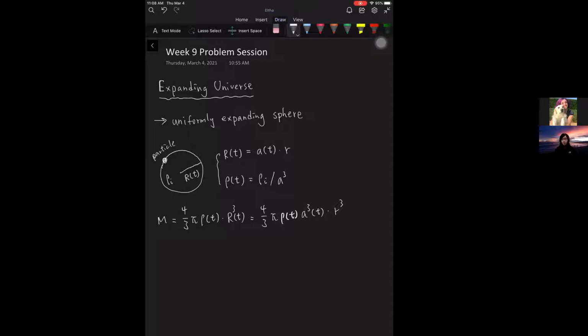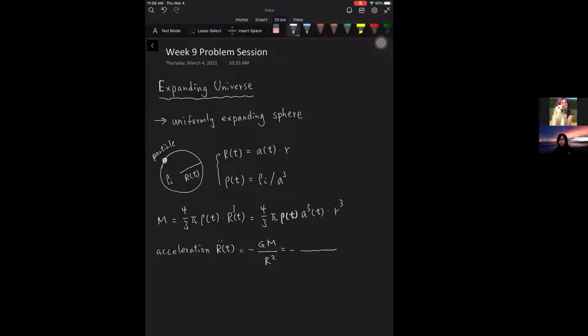The acceleration this particle would experience is R double dot, right? From Newtonian physics, that is just negative GM over R squared. And then we can plug in that M into this equation and write.